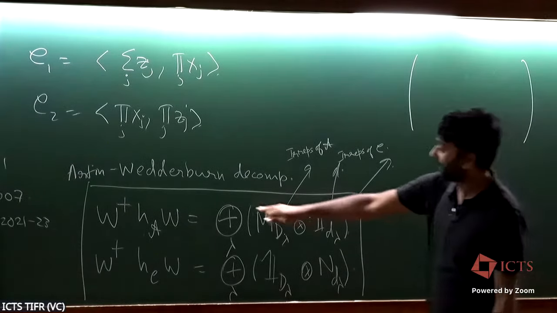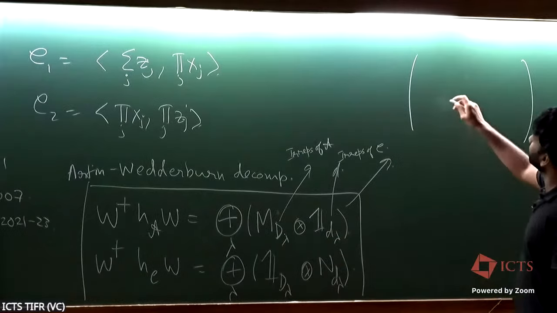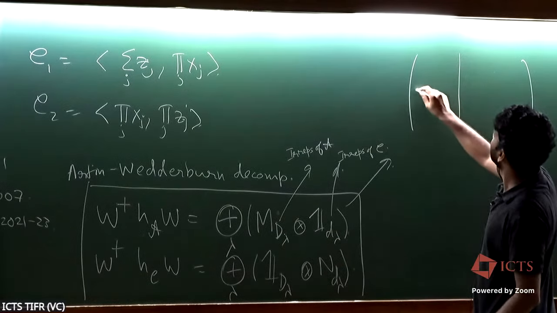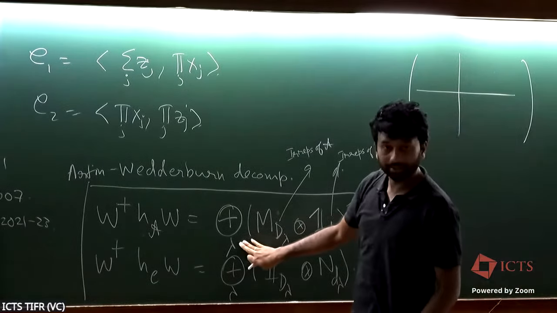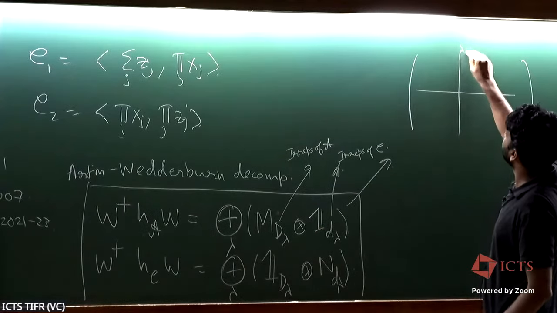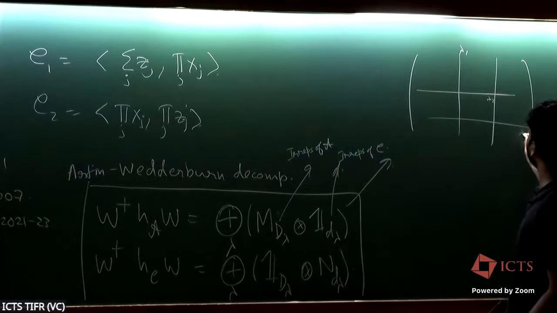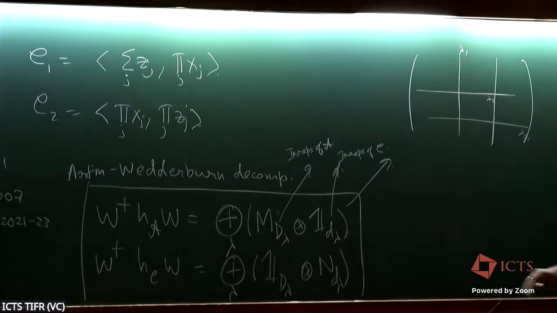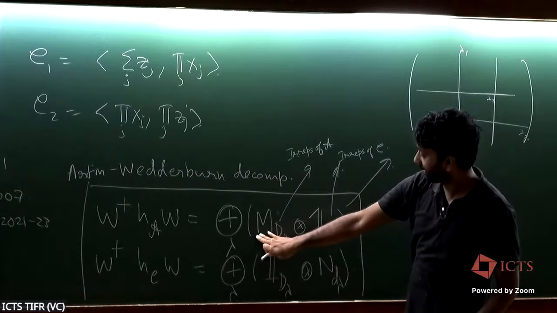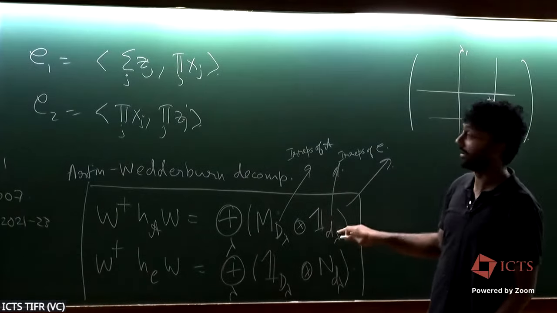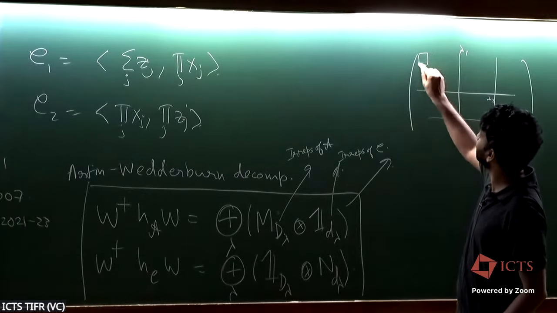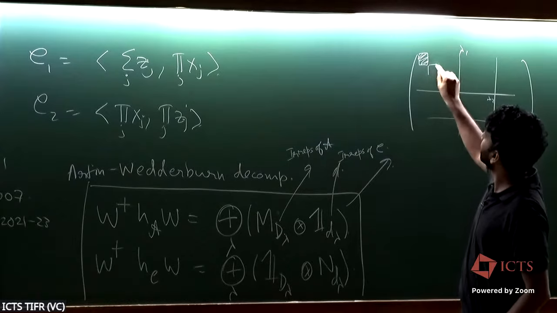If I look at this kind of block decomposition, there are some big blocks which are labeled by lambda. So let's say there is lambda 1, lambda 2, lambda 3, and so on. Within each big block, this matrix has the form M tensor identity, which means that the same matrix is being repeated some number of times.